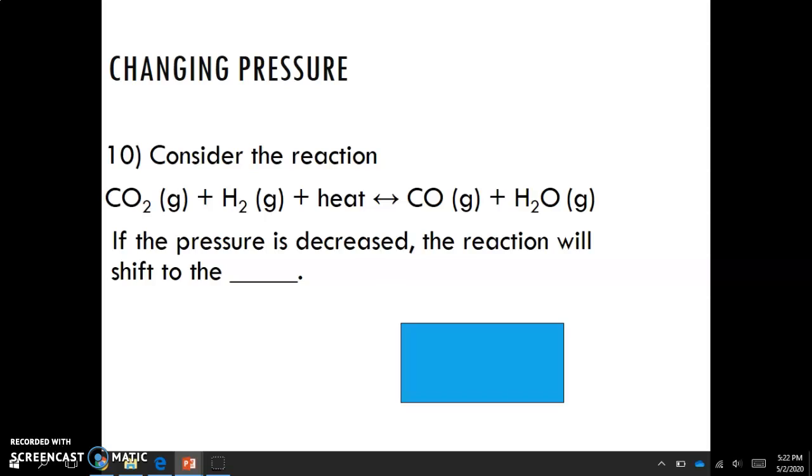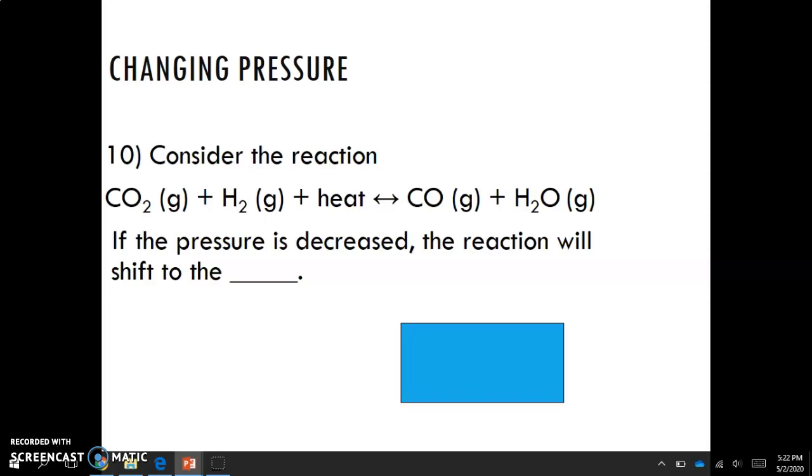And then finally, we're going to consider this endothermic reaction. We've got carbon dioxide, hydrogen gas, heat to yield carbon monoxide and water. So it says if the pressure is decreased, the reaction will shift where? So let's look. We've got 1 mole of CO2, 1 mole of hydrogen, 1 mole of carbon monoxide, and 1 mole of water.